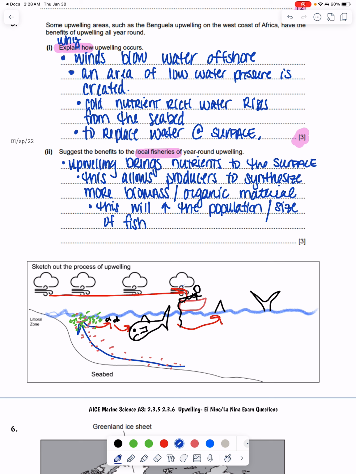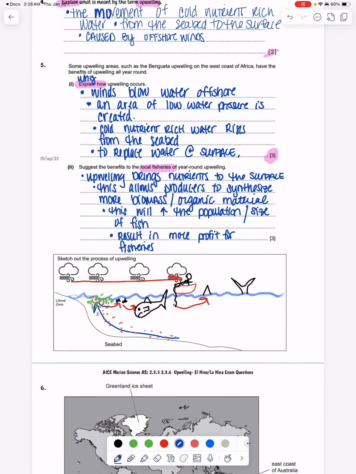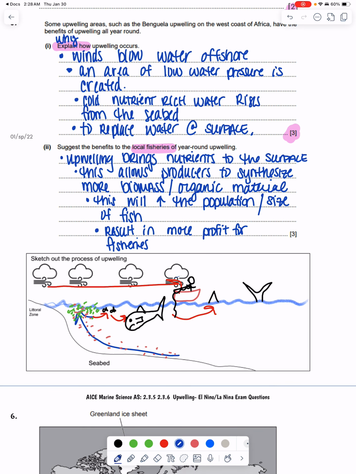And you don't really have to go through all your trophic levels. Like you don't have to talk about zooplankton. You can, it's not wrong. Totally can. So it'll increase the population or the size of the fish. And this will result in more profit for fisheries.